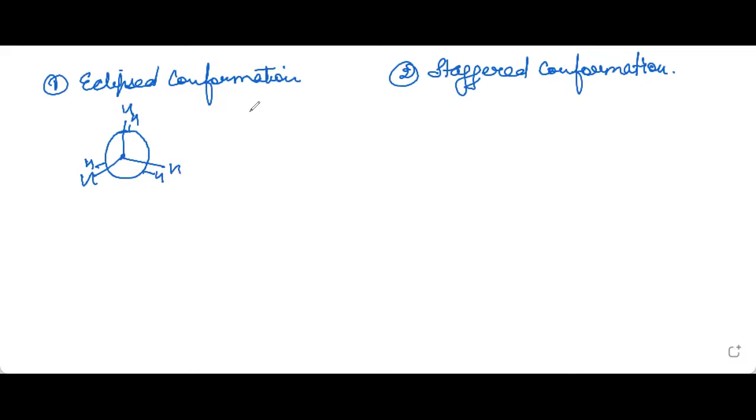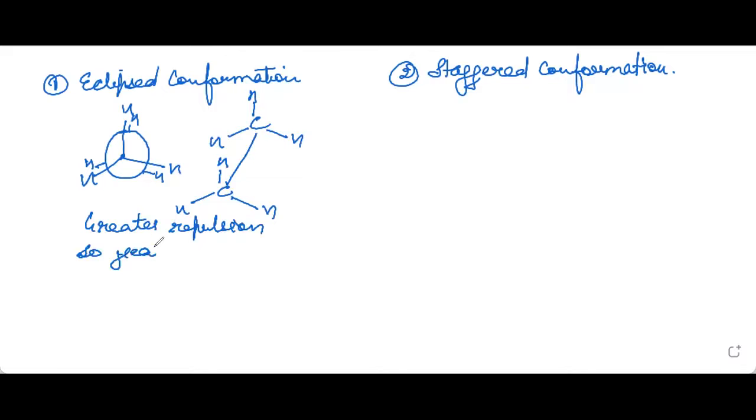Now, if you want to draw the sawhorse representation, it will be like this. All right. Now, this is having greater repulsion, so greater energy and lesser stability. Now, in the staggered conformation, the case is like this.